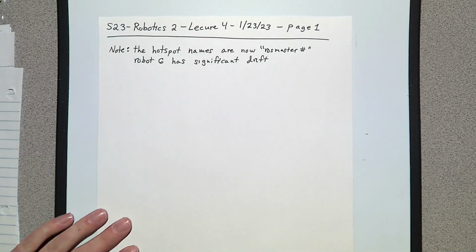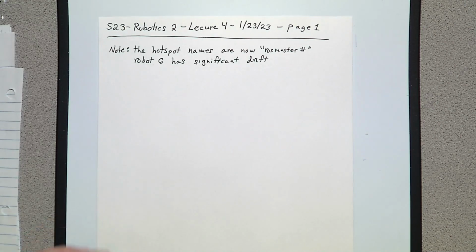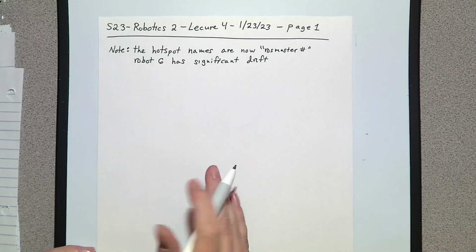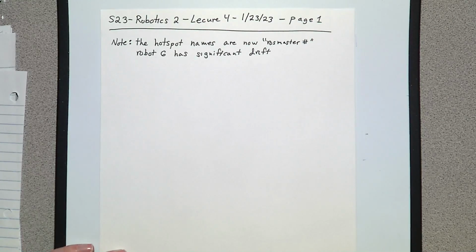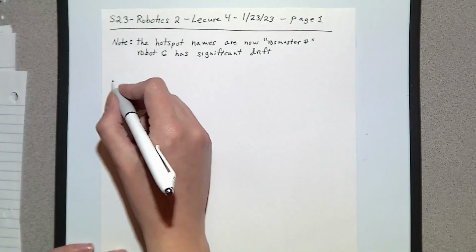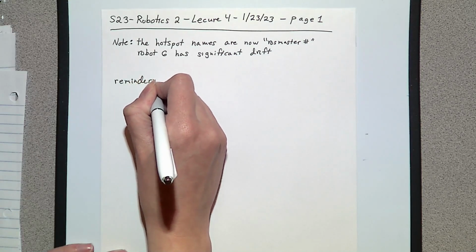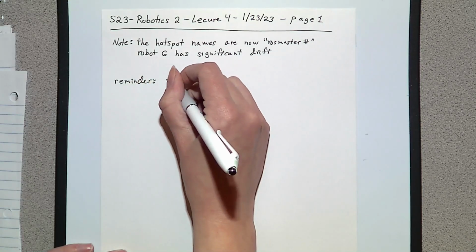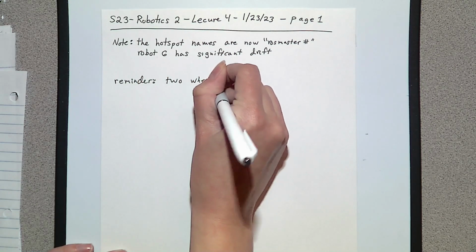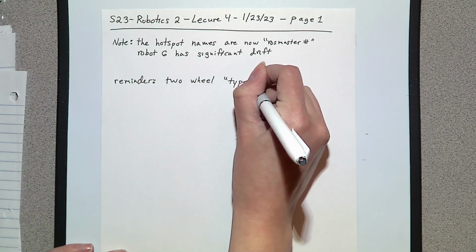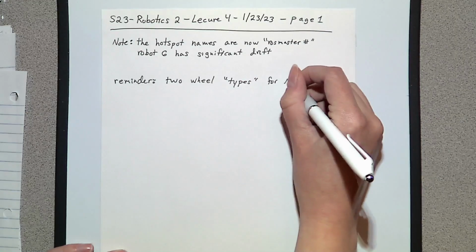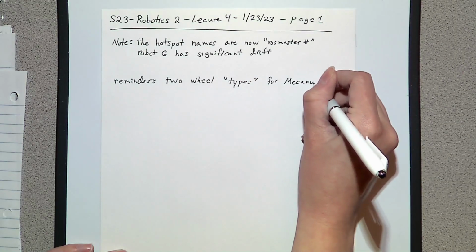any problems that arise. So last time we left off talking about the different mobile robot car kinematics, and what we'll look at today is the setup that's like the robot that we're using. So just as a reminder for what we talked about last time, there are two wheel types for the Mecanum wheels.